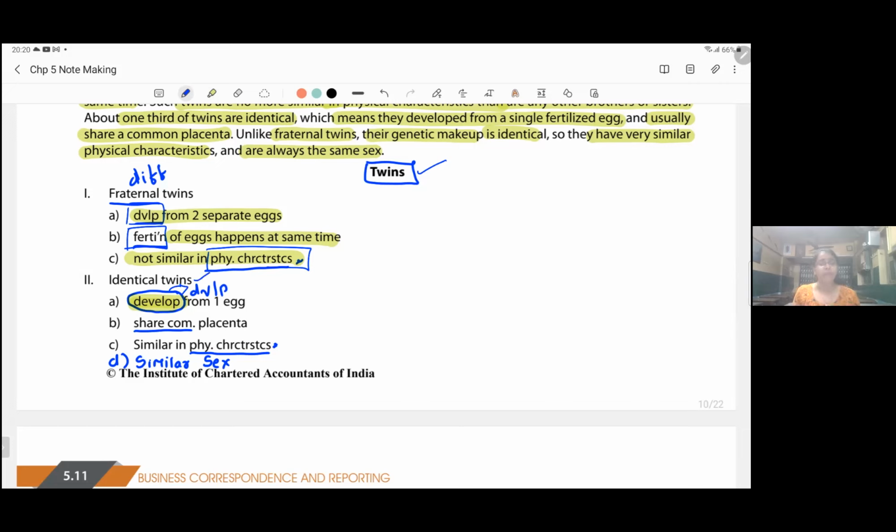Identical twins. Earlier fraternal twins were different, but identical twins are the same. They are looking same. Developed from same one egg, share common placenta.